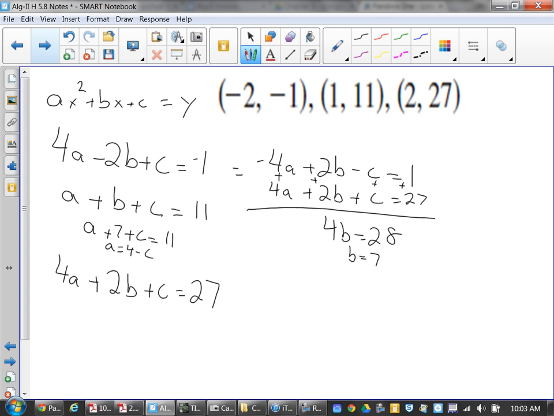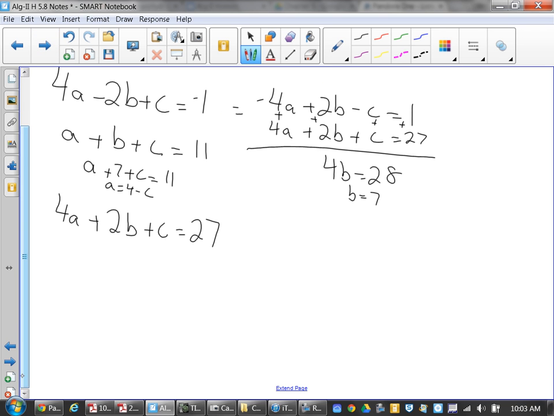So now you know b is 7, a is 4 minus c. If I use this one here and go 4 times, doesn't matter which one you use, I would use this one down here, because you've simplified the other one into here.